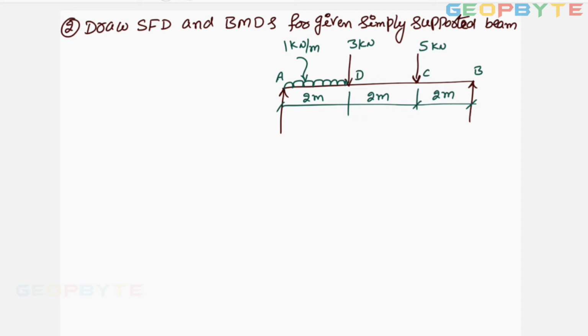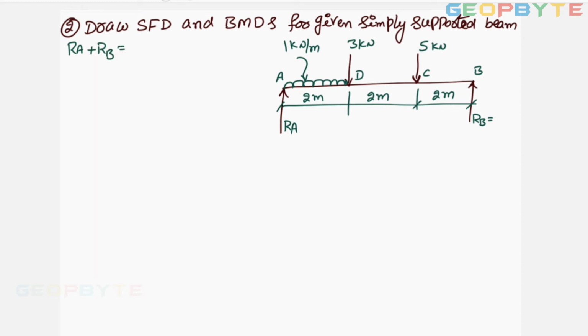First, what should you do? You have to find the reaction at A and the reaction at B. Reaction at B is RB. Now, first let us find RA plus RB.